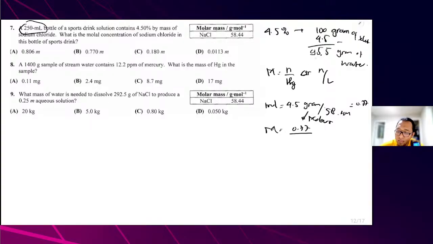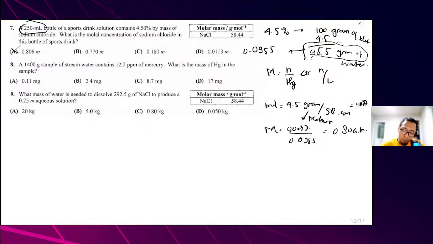However, we need to convert it into kg. So it's 0.0955 kg. So the answer is around 0.806.